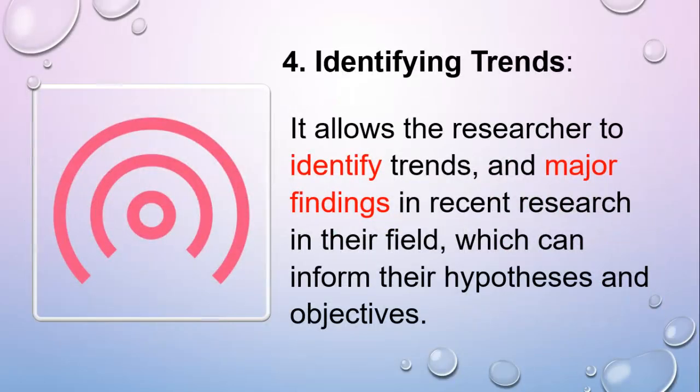Another point of conducting literature review is to show the trends. You can get access to the recent trends in the research, and by that we mean when we look at the recent research conducted in the field, how these trends or findings can inform your hypotheses and objectives.